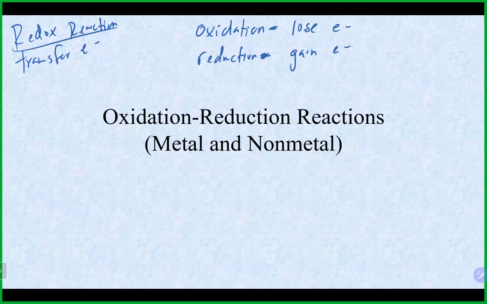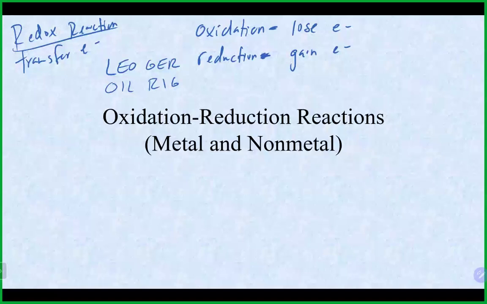Some people remember this as Leo the lion goes grr: loss of electrons, oxidation, gaining of electrons, reduction. Some people are fond of OIL RIG: oxidizing is losing, reducing is gaining, whichever way you like, I suppose. There are a couple other definitions of oxidation and reduction, but for the most part, we don't use them too much here in general chemistry.